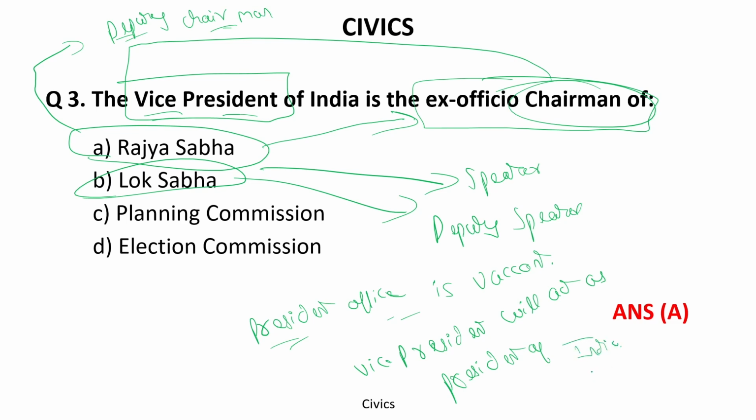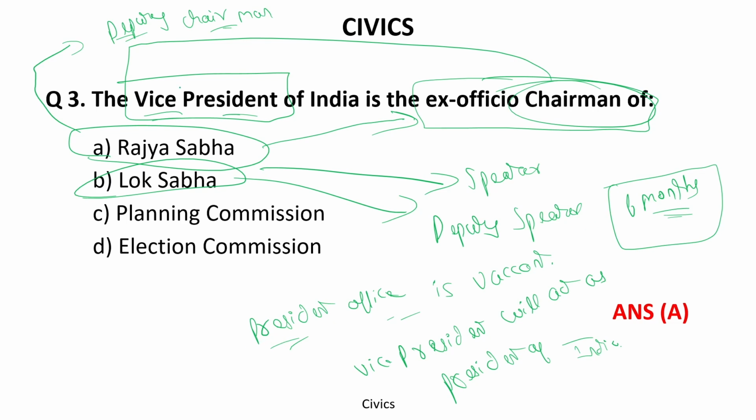But for how much time, how many days, how many years? Only for 6 months. It means that the president's office should be filled again within 6 months.